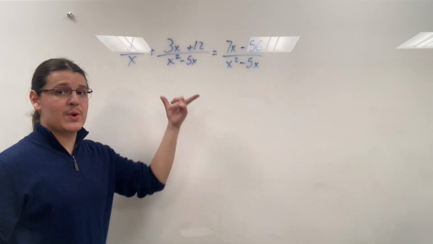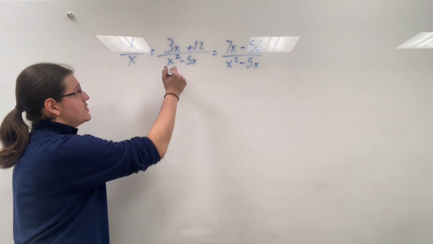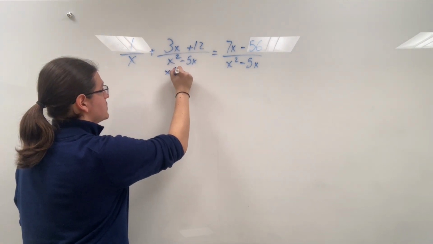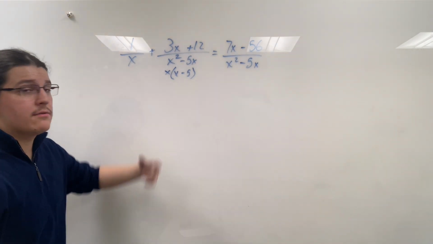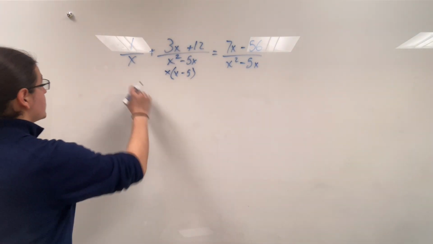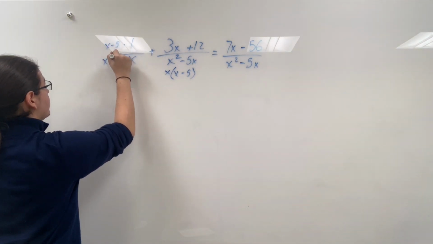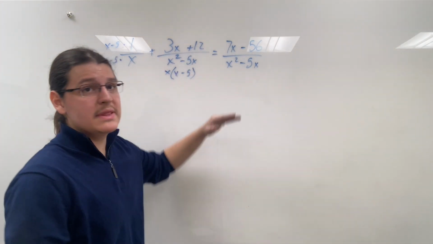Well, the first step when you have a denominator that isn't in its simplest form is to factor it out. We take an x out of this and get x times x minus 5. Now we have the x, but we don't have the x minus 5. So we multiply the top and the bottom by x minus 5. And now our denominators will be the exact same.